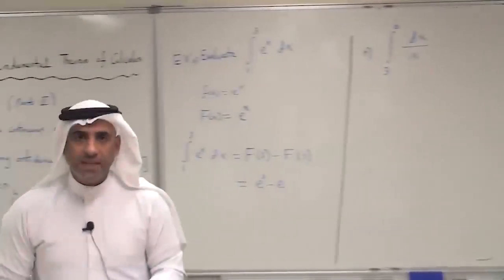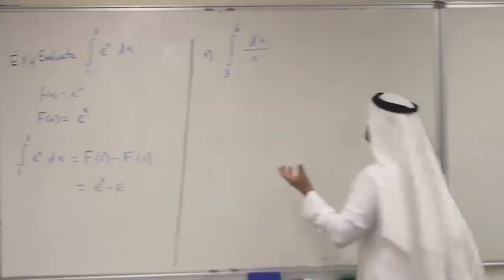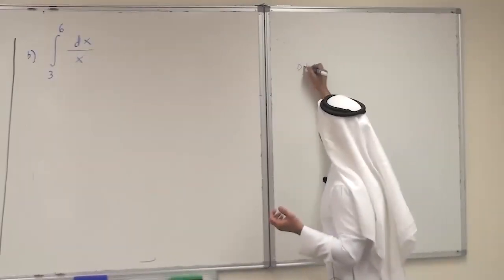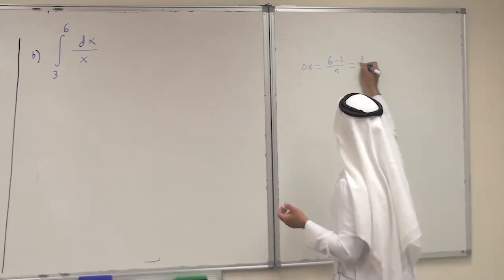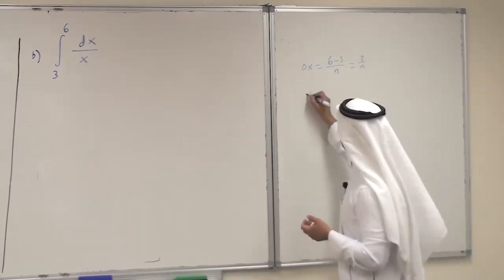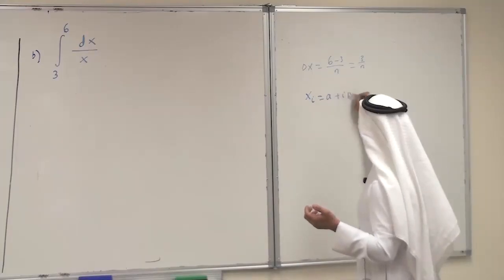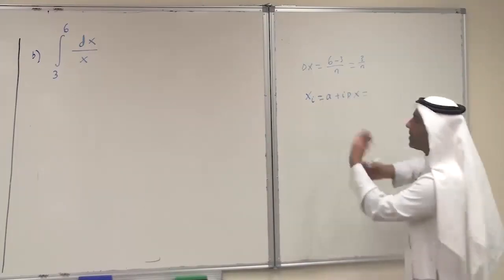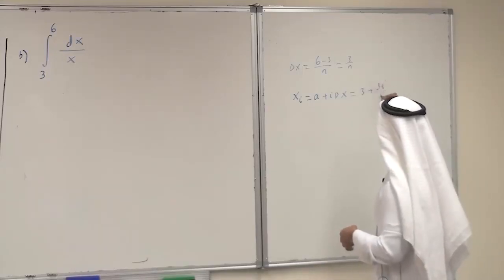Now let us imagine what we need to do if we are applying the definition. We need to find delta x, that is 6 minus 3 over n, which is 3 over n. Then we need to form the xi's that are a plus i delta x, and so on. Then xi is 3 plus i delta x, that's 3 plus 3i over n.